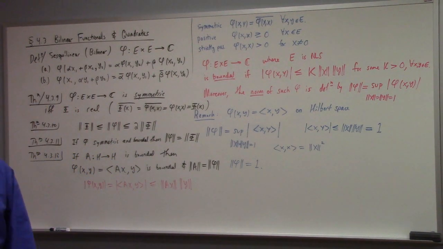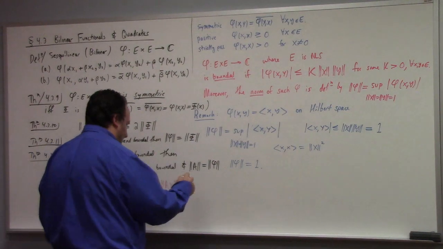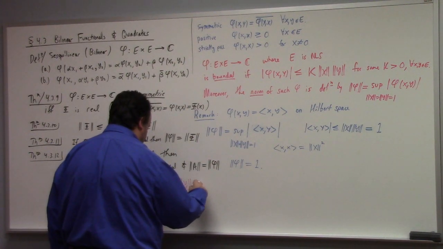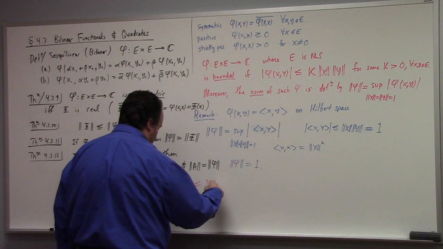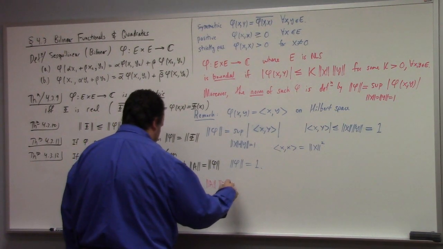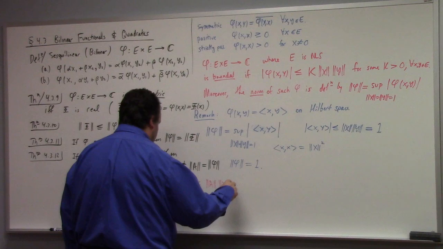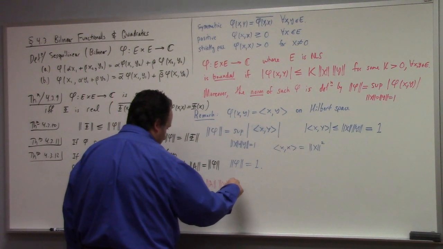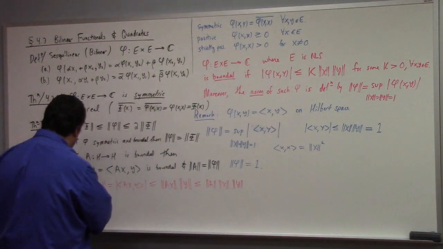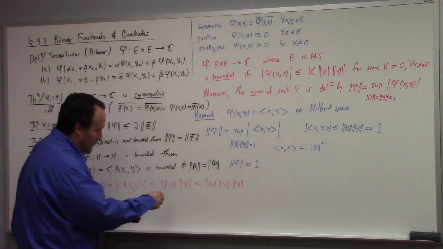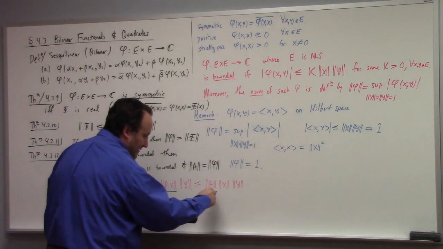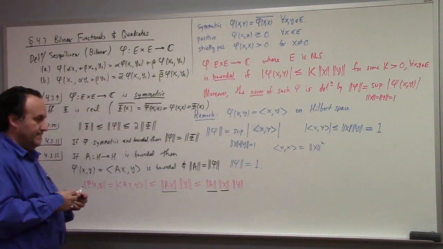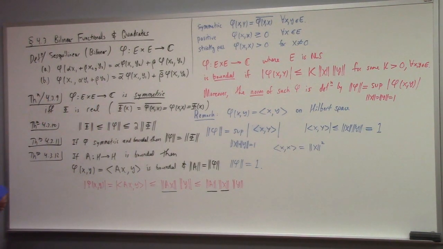But we know that A is a bounded linear operator, so by the way the norm works for the operator, this is less than or equal to the norm of A times the norm of x. That's one of the properties of the norm of a bounded linear operator: the norm of Ax is less than or equal to the norm of A times the norm of x. It's not an equality there, but it's like that.